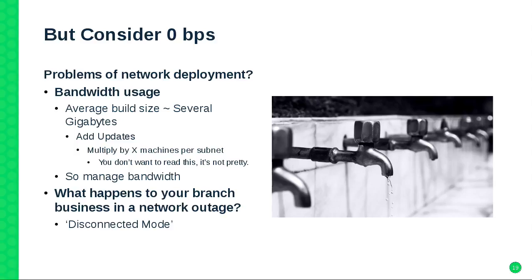So if the network was down, they could still accept deposits and I think maybe withdrawals to a certain amount, on the basis that they'll take the records. And whenever the network came up, the applications would sync back with the mainframe and say, these are the transactions we've had.